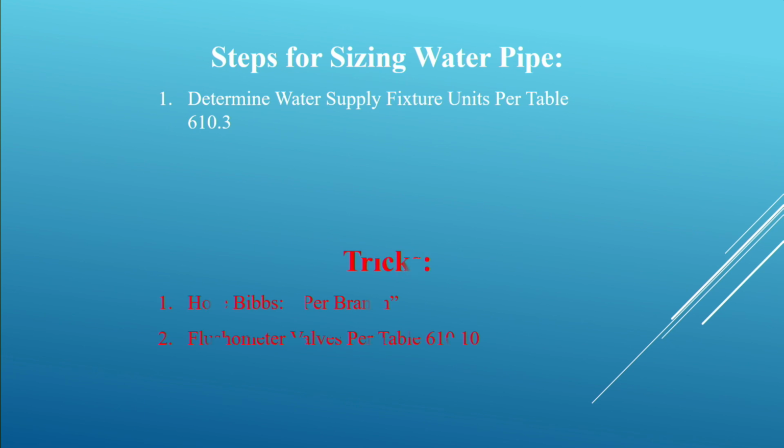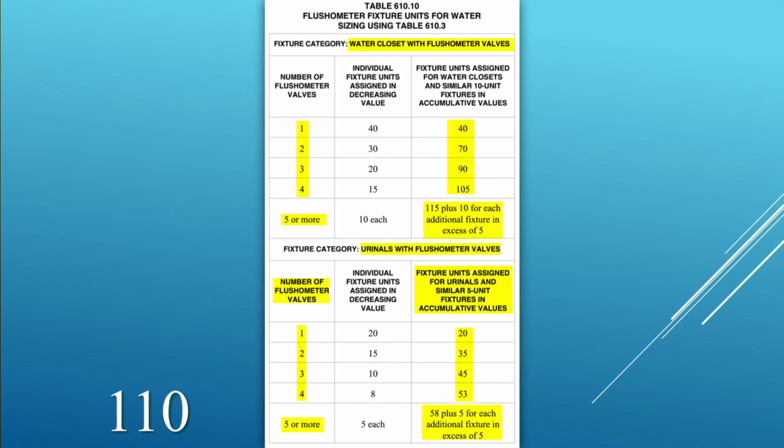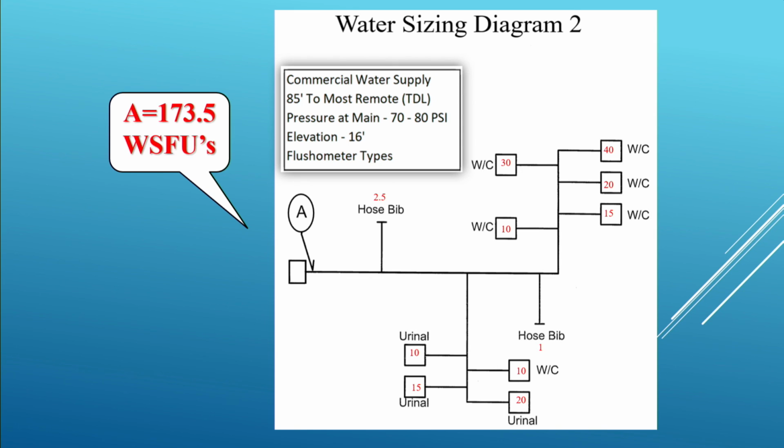Because back on page 110, they tell me that 1 flushometer valve water closet is worth a total of 40. So if I was sizing just that drop, it would be 45 for the 3 urinals plus 40 for the water closet. Make sense? So now just that vertical drop there feeding those 4 fixtures, 3 urinals, 1 water closet, I'd be sizing that at 85 WSFU demand, right? Because now that branch is only feeding 1 water closet, okay?